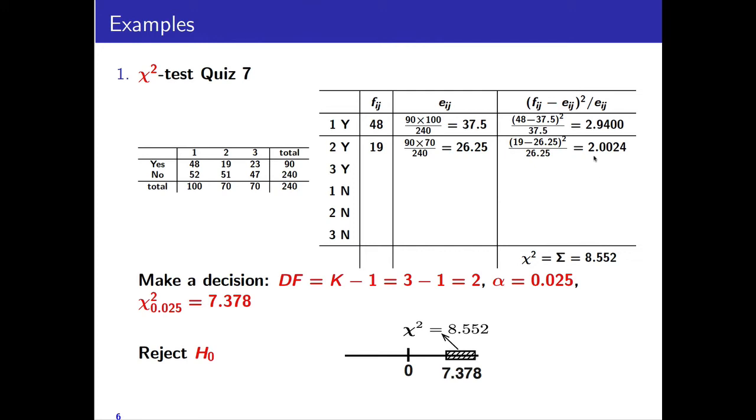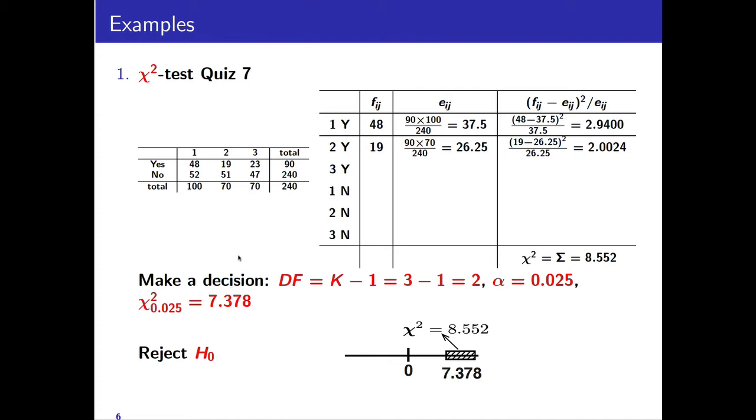And that will give you 2.0024. So you calculate this Fij minus Eij squared over Eij for each cell. And then you sum them up. And that will give you your test statistic chi-square equal to 8.552.